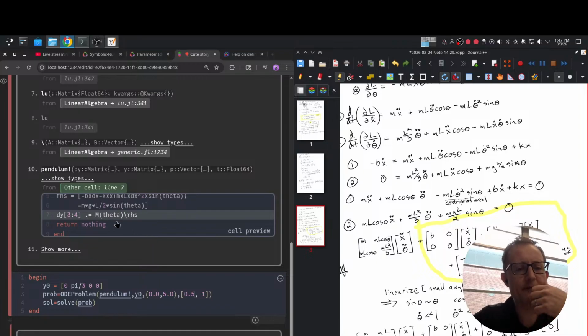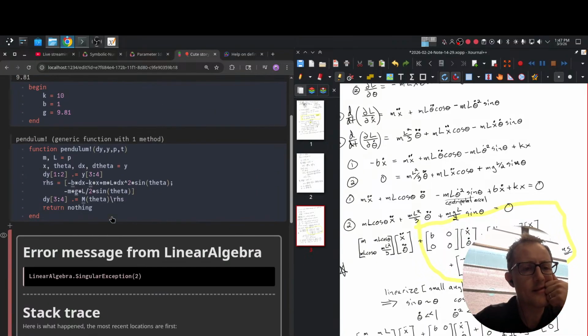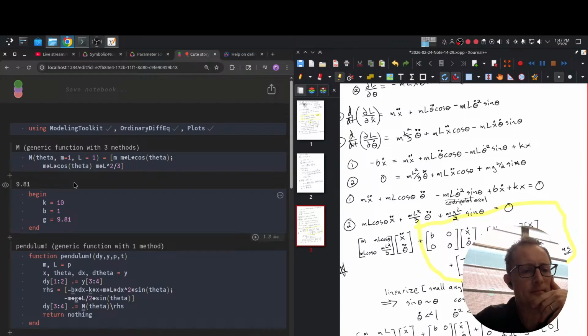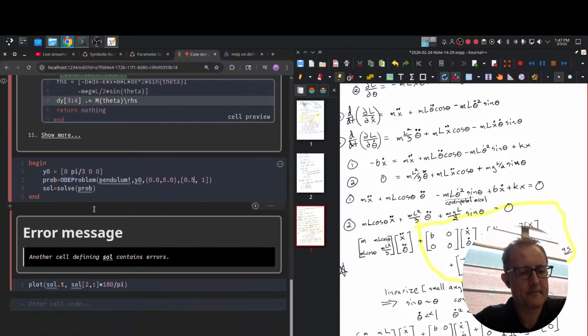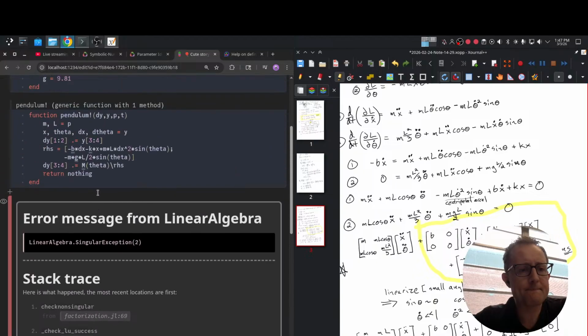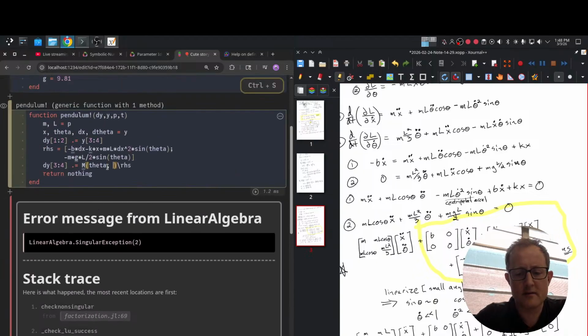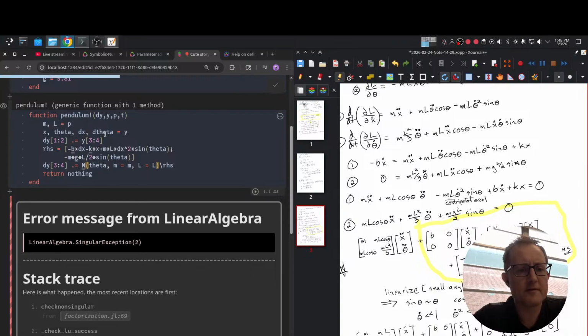Oh, if M of theta becomes singular, then that could be a problem. And that might be happening because I'm not actually plugging in those values.